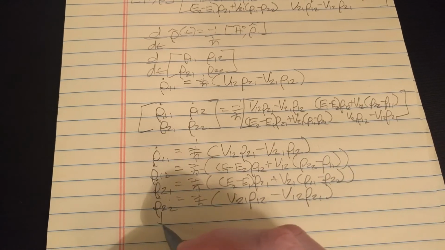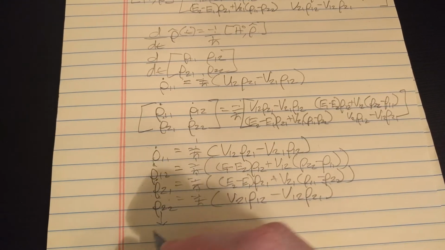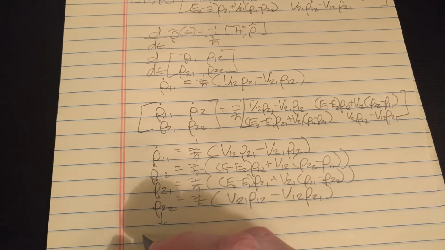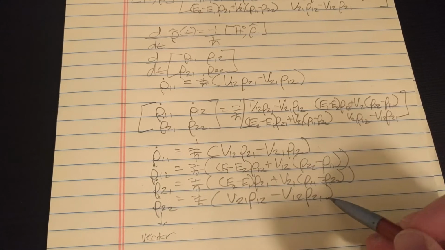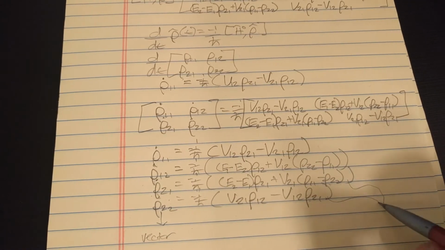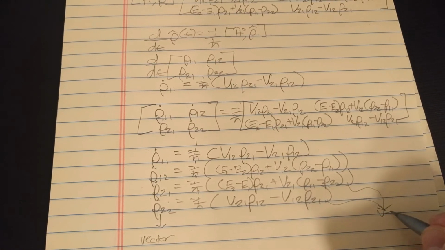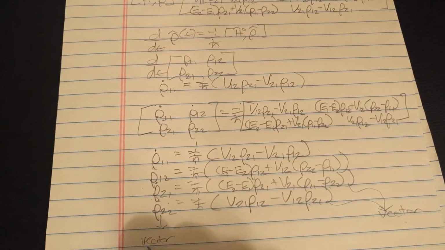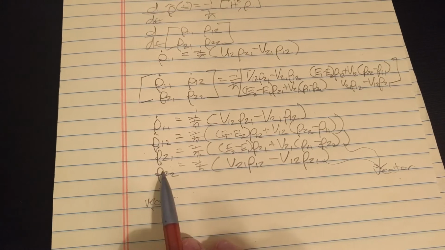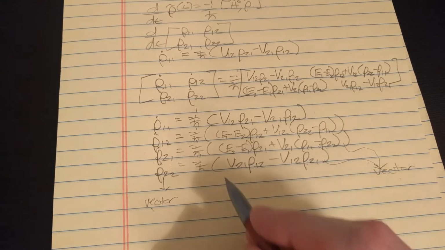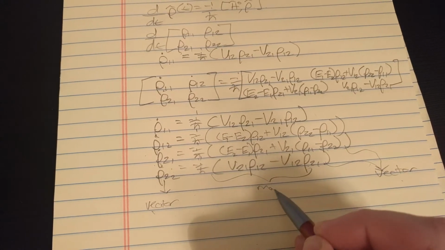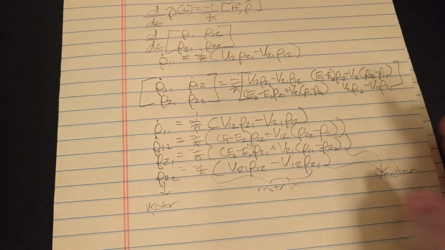So we're basically going to write this stack of things as a vector. And then we're going to write all the rhos. So all the rhos are going to come together and form another vector, which is different from this vector, because this vector is the time derivative of the rhos. And then all the other stuff, once the rhos are out of it, is going to be the matrix. And it will be much clearer when I write it out.